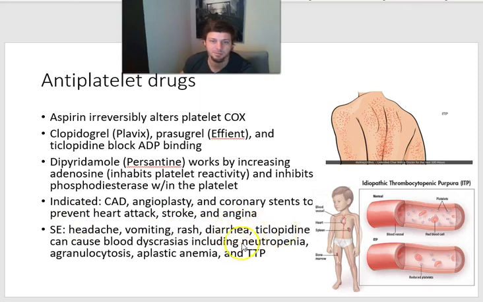Ticlopidine can cause blood dyscrasias, and so that's just abnormalities like neutropenia, agranulocytosis, aplastic anemia, and thrombocytopenic purpura. This is what TTP looks like. Again, you see a whole bunch of petechiae, and there's not a lot of platelets cycling through the body.